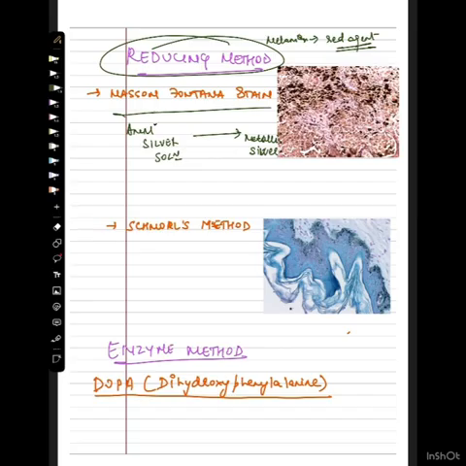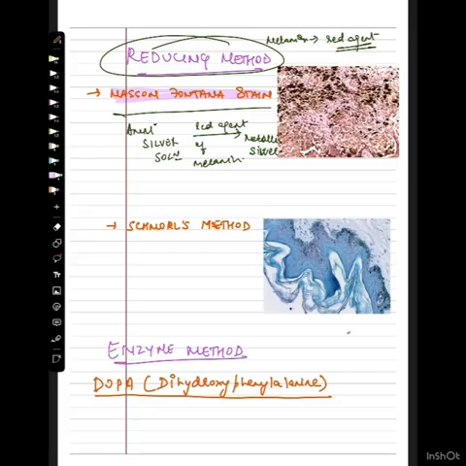It uses the reducing property of melanin to form metallic silver, and this method is used by the stain called the Masson-Fontana stain.